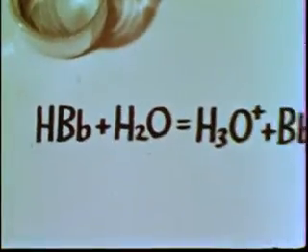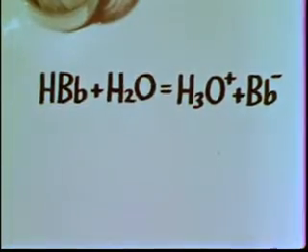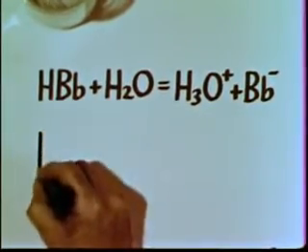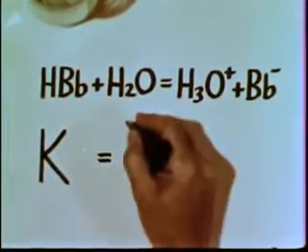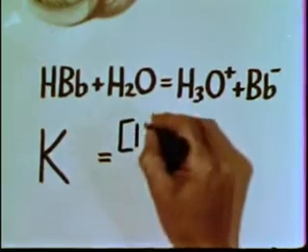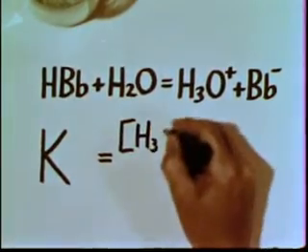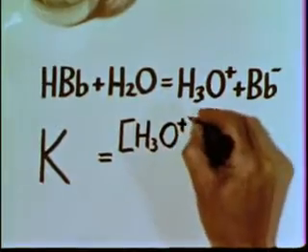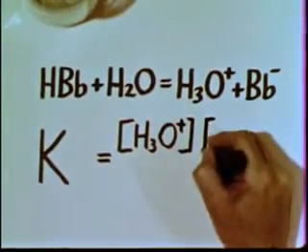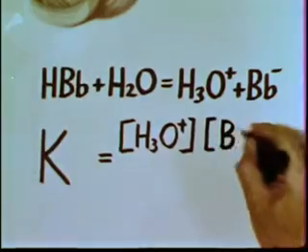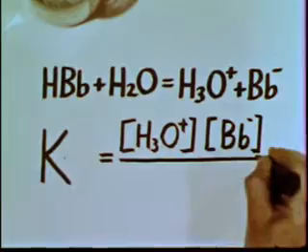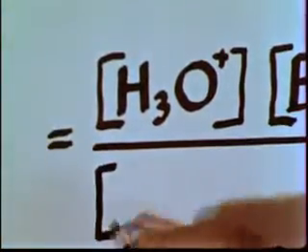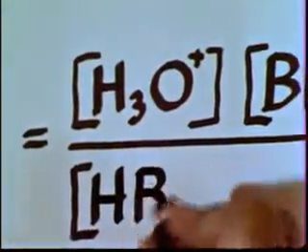Let's determine the equilibrium constant for bromethymol blue acting as an acid. We start with the chemical equation. The concentration of the products is placed in the numerator. The concentration of hydronium ion is multiplied by the concentration of BB minus, the blue form of the indicator. The reactants go in the denominator.